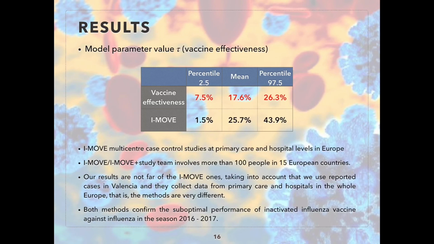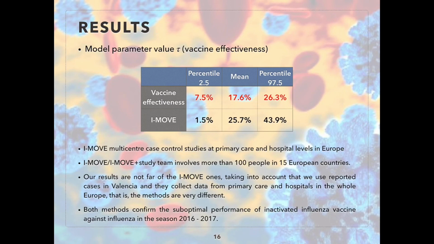In this table, we can see the estimation of the vaccine effectiveness. As you can see, it's very low. We compare our results with iMove multicenter case control studies done at primary care and hospitals in whole Europe. In this study, iMove, the team involves more than 100 people in 15 European countries.